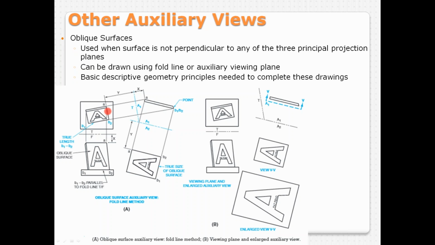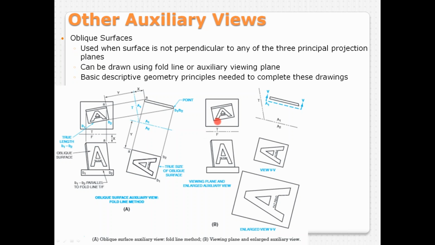Then you're going to project them from the inclined surface to this view here, and distance y is the same as this distance y, and distance x is the same as this distance x. And view the plane and enlarge the auxiliary view when you need to.